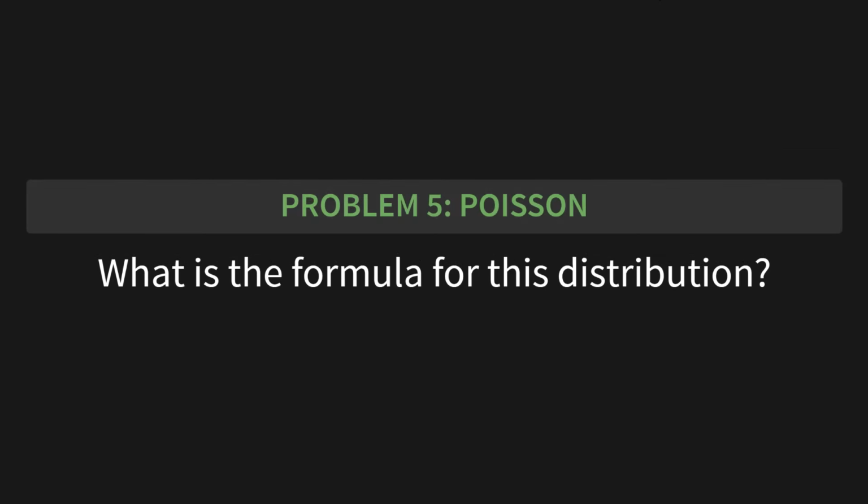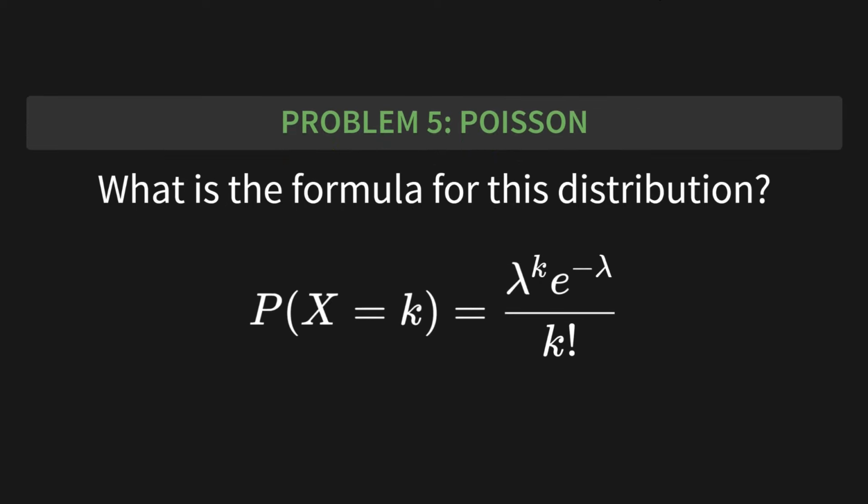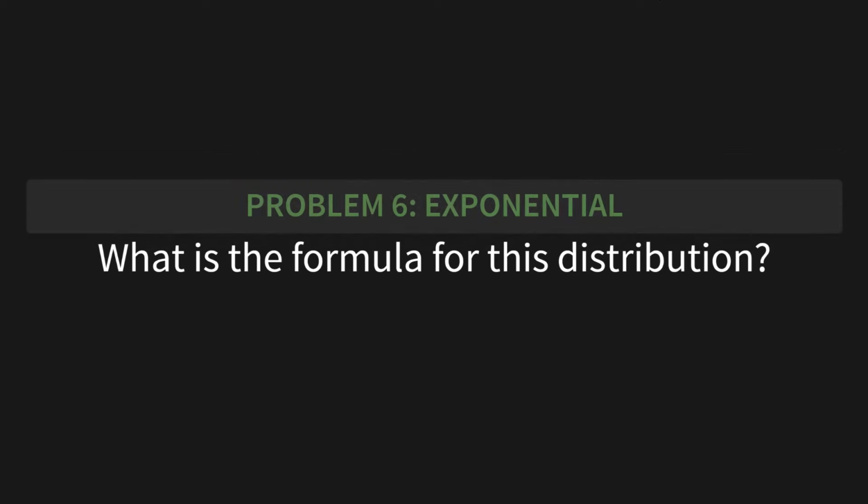What's the formula for the Poisson distribution? P of X equals k equals lambda to the k times e to the negative lambda over k factorial.